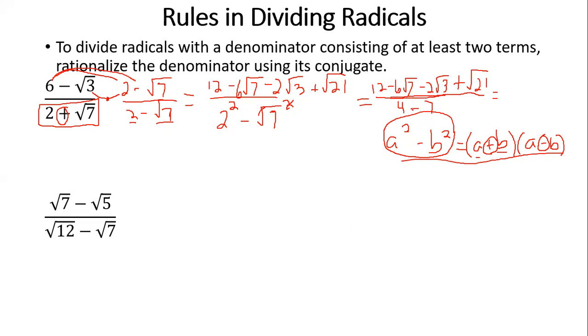So, 4 minus 7, that's negative 3. Siyempre, yung negative, dadalhin na po natin yan dyan sa taas. Lahat ng negative magiging positive, lahat ng positive magiging negative. So, negative 12, babaliktad na po yung sign natin, plus, so naging plus na yung negative 6 square root of 7, plus 2 square root of 3, kakasya pa ba?